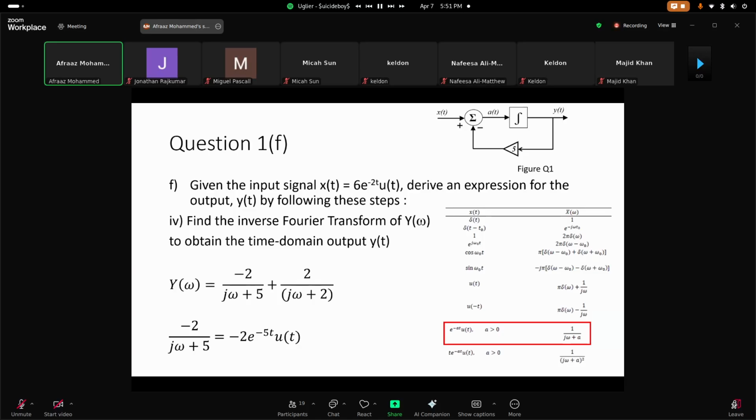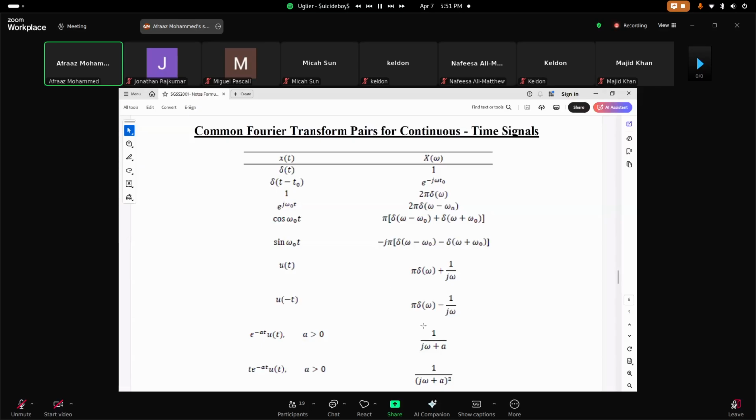So what we had here was minus 2 over j omega plus 5, and that is essentially minus 2 multiplied by 1 over j omega plus 5.